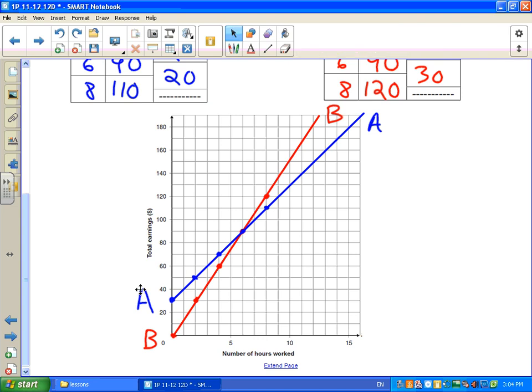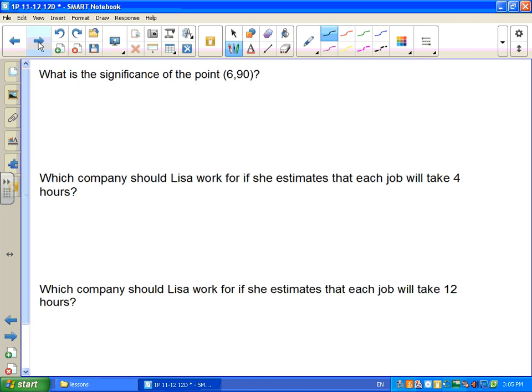So the coordinates where they cross is, let's see, 6, 90. And the first question that we're asked on the back of this page is, what is the significance of the point 6, 90? So the first thing is, this is the point where they intersect.